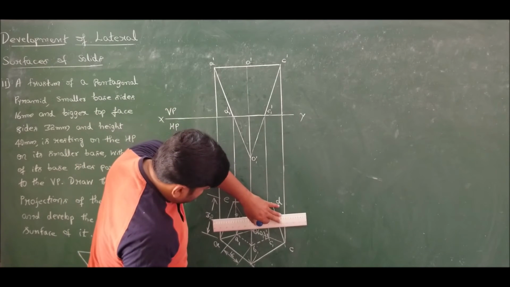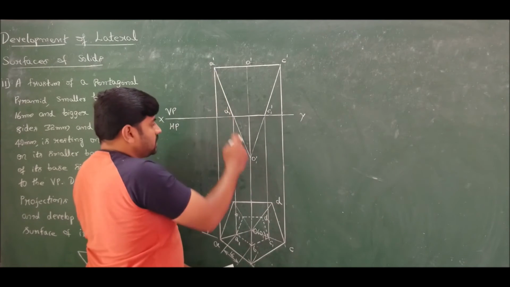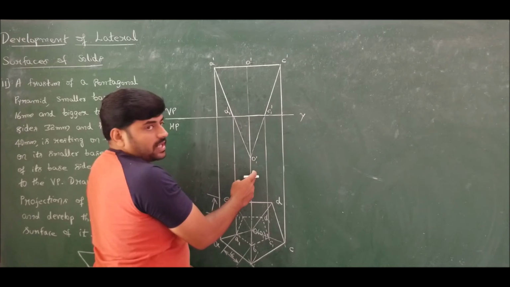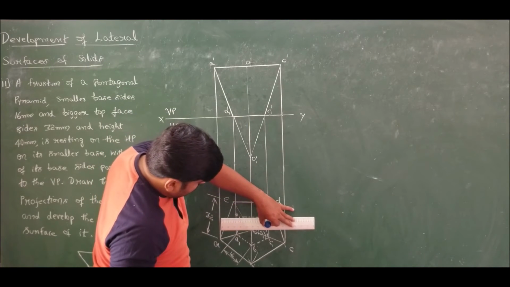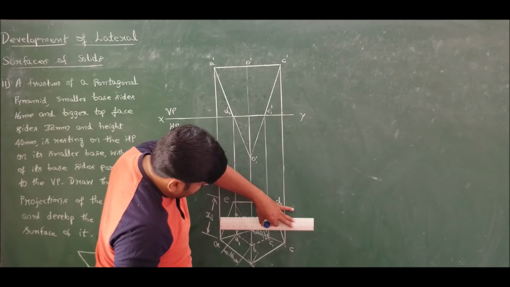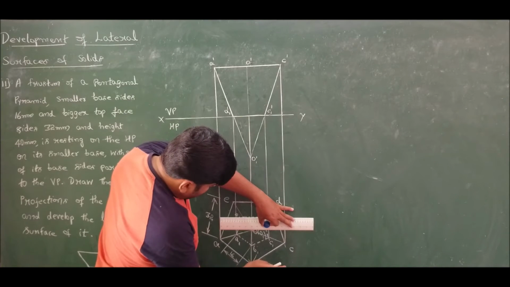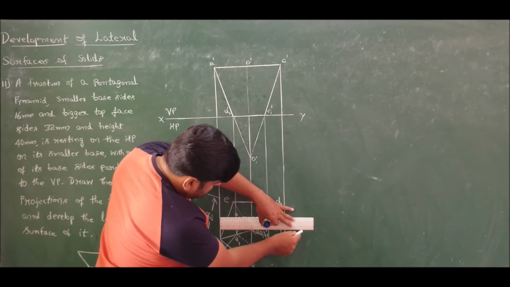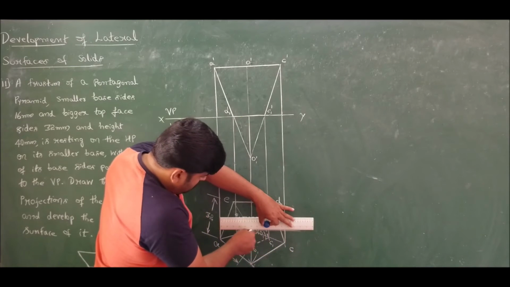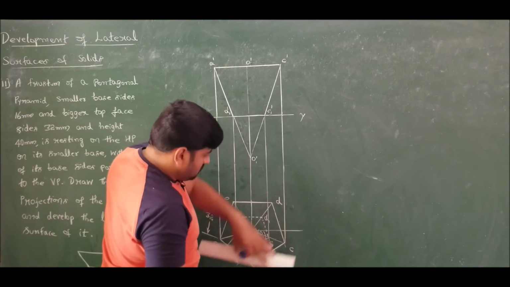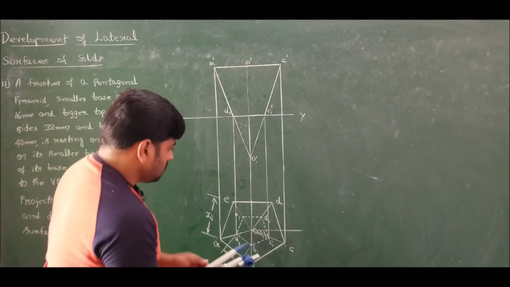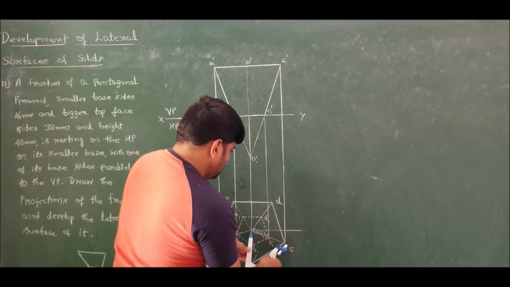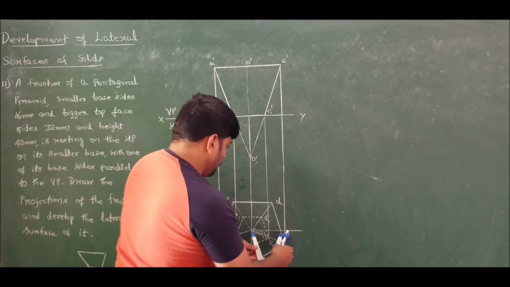Since none of these slant edges are parallel, neither A dash to O1 dash nor C dash to O1 dash measure the true slant edge dimension. So therefore, rotate and make O to C parallel first. Rotate and make O to C parallel, that is, make this slant edge parallel.